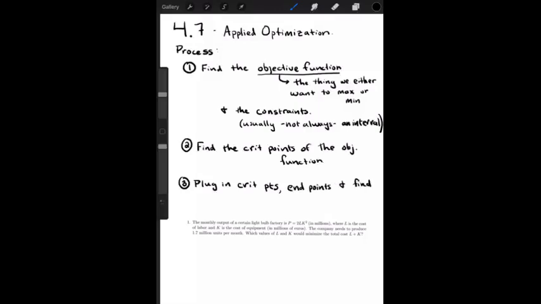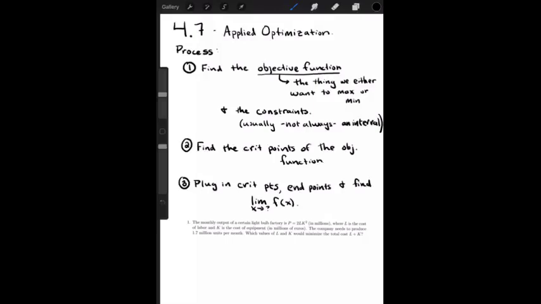And one of the other things we might need to do if we don't have a closed interval is find the limit as x goes to the non-included endpoints of f of x, right?